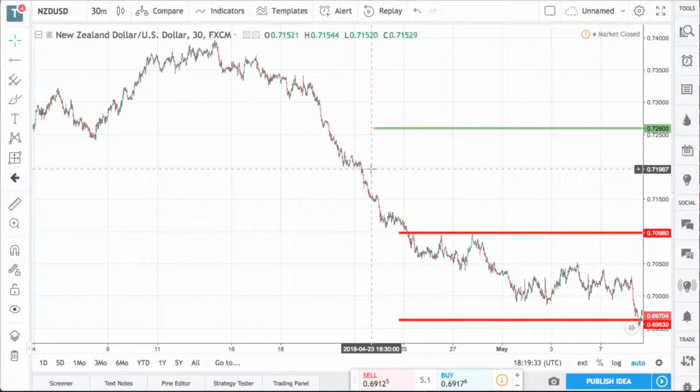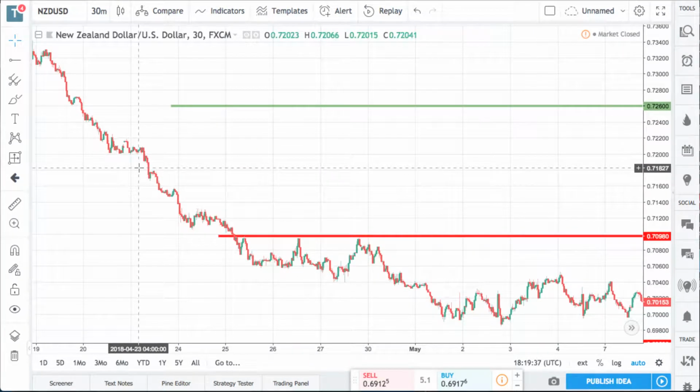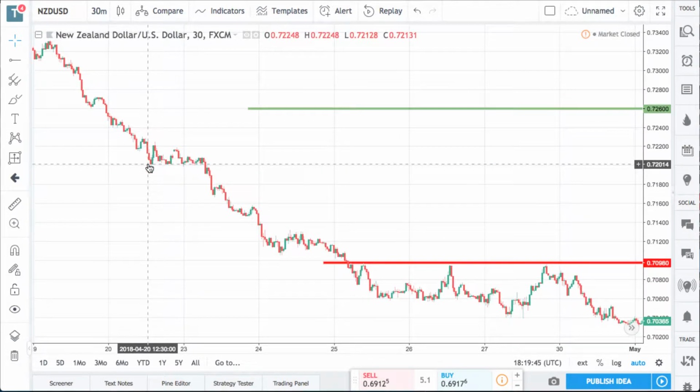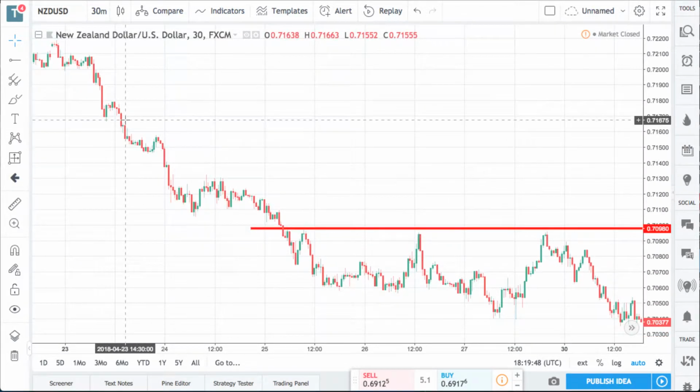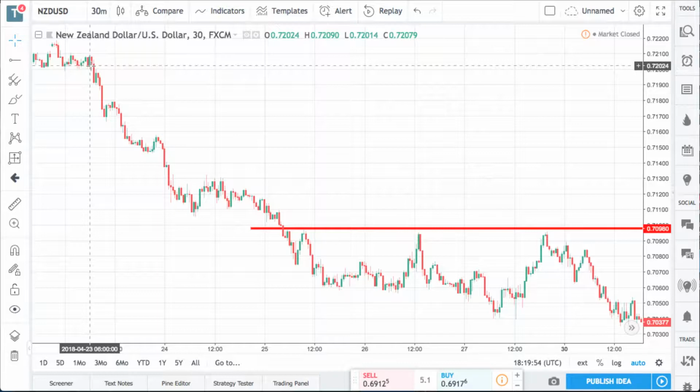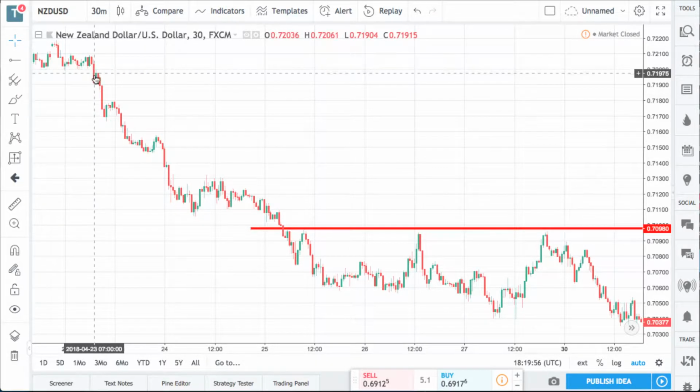So the 23rd was around here, 6 o'clock in the morning, 5:30 in the morning, UK open time, and we get an initial trade here right at 6 o'clock in the morning. That's one entry.